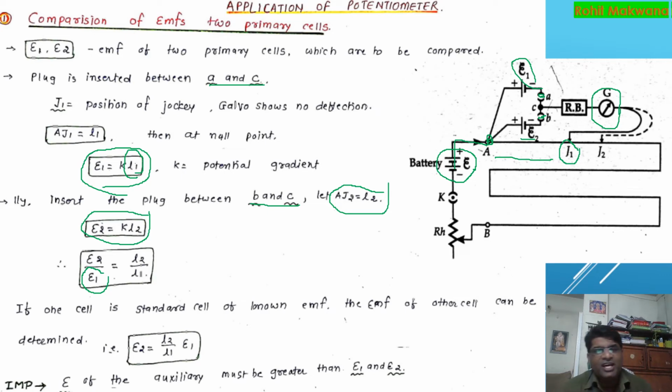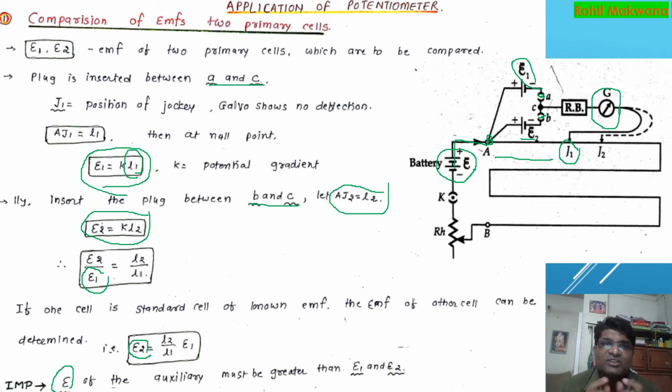You take it on the other side and you can find out the EMF of this second cell. Is that clear? Good. And as I have told you earlier, the EMF of the auxiliary battery or cell that we have connected externally must be greater than both of them.